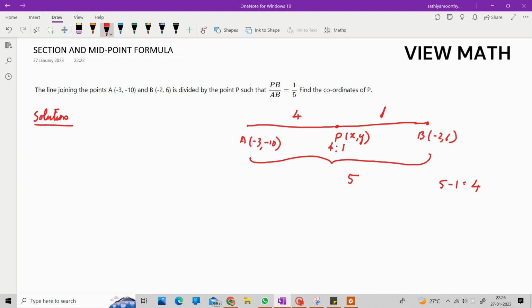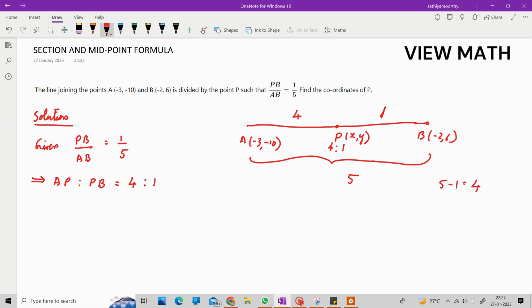So what is given? Given is PB by AB, which is equal to 1 by 5. So what we have found out? AP is to PB is 4 is to 1.